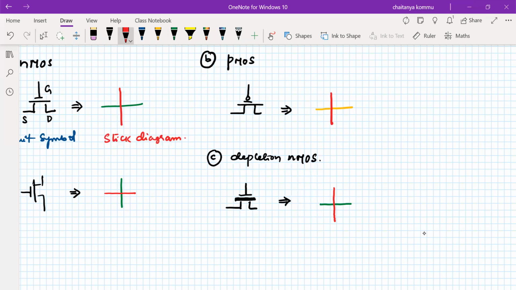We want to mention the ion implantation technique that we use for the channel formation. For that, we have to use dotted yellow color, something like this. So by looking at this diagram, we can say that it is a depletion mode type of transistor.